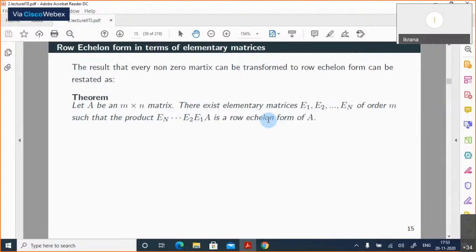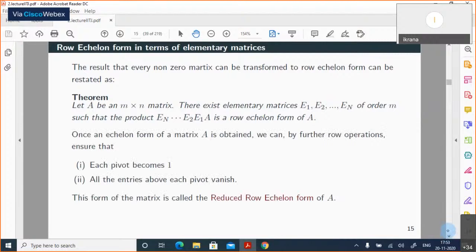So in terms of matrix multiplication, a row equivalent form of A will look like A pre-multiplied by E1, E2, up to En. That is rewriting the process of bringing a matrix to a row equivalent form via matrix multiplication.